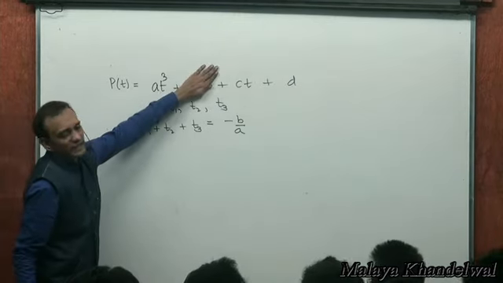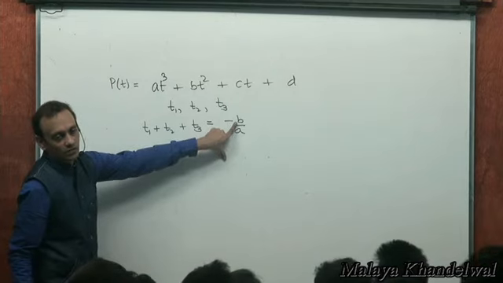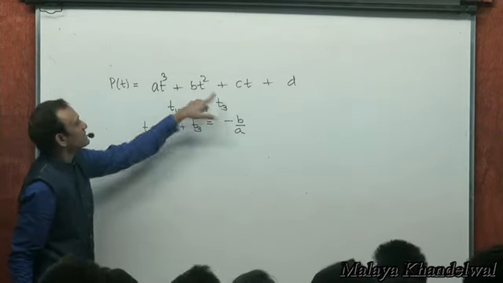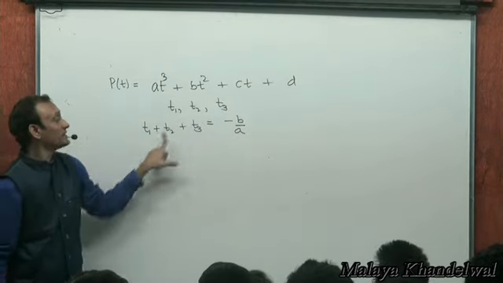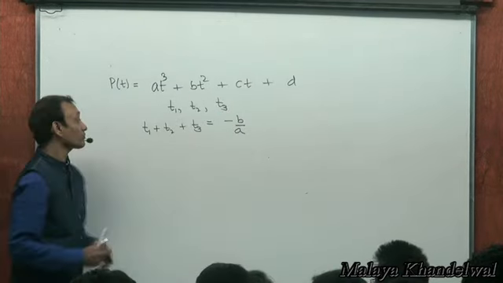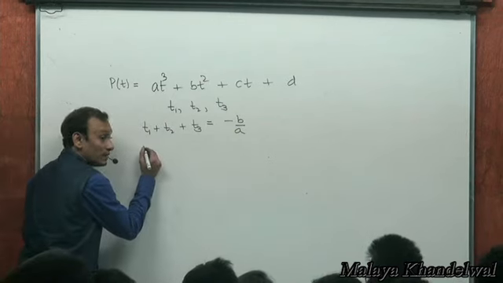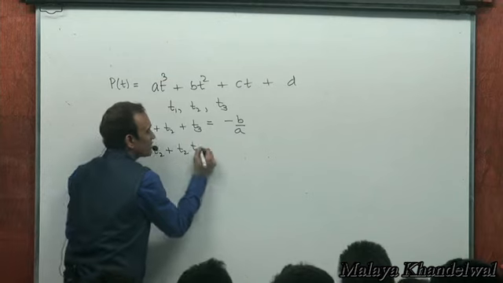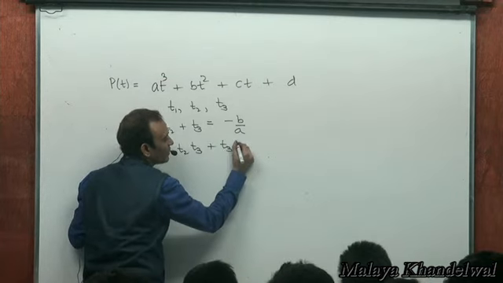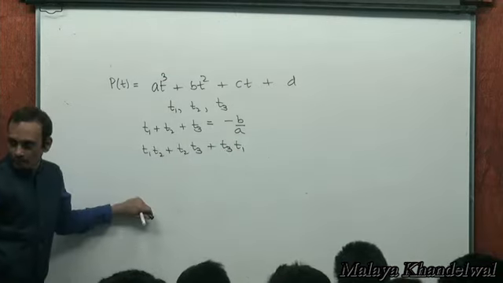If the second term didn't exist, then b will be 0, 0 into t squared. Say if it was 3t cube plus 4t plus d, then b will be 0 and the sum of the roots will be 0. Then sum of the product taking 2 at a time, t1 t2 plus t2 t3 plus t3 t1. This is sum of the product taking 2 at a time, right?